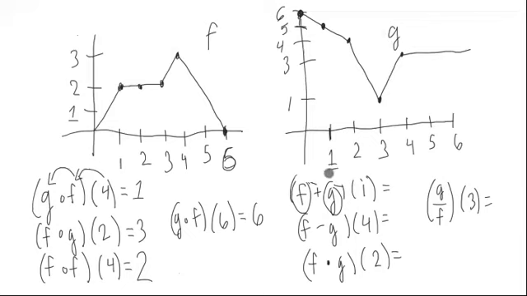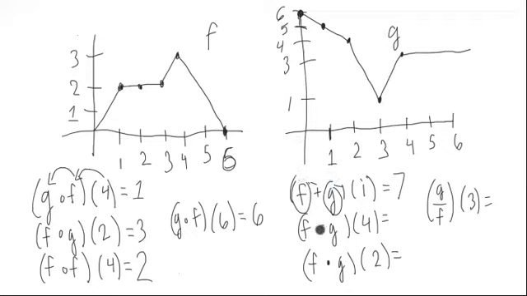So I can write a little 5 right here. Now 1 goes into f and it outputs 2. So I can write 2 right above that f. Then I can think 2 plus 5 is 7. That's it. That's all it is. It's just notation and getting used to what the notation means.